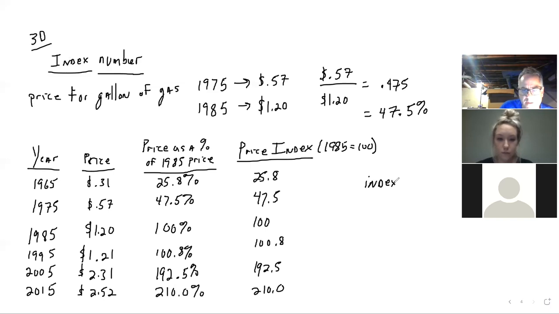We took our value and divided it by our reference value, and this just means turn it to a percentage. So I got to 25.8 by going 0.31 divided by $1.20. That gave me 25.8. So on and so forth.